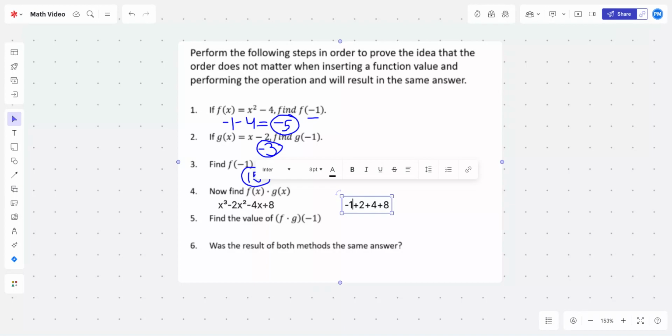When this negative 1 was in parentheses, it actually changes when you square it to a positive 1.